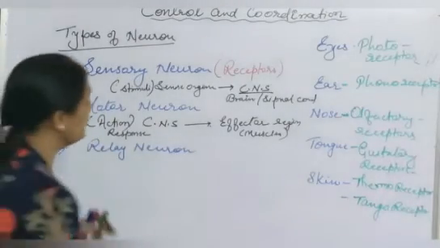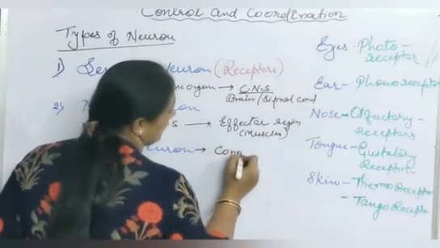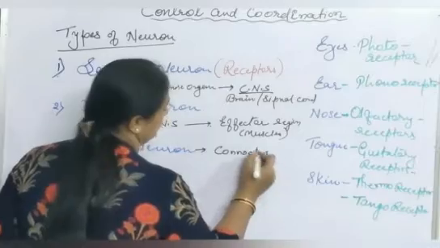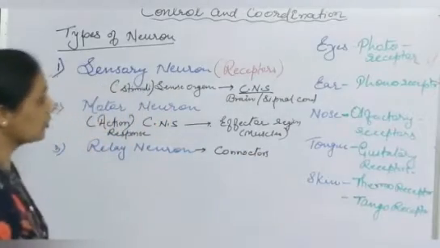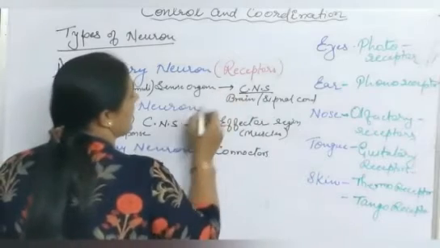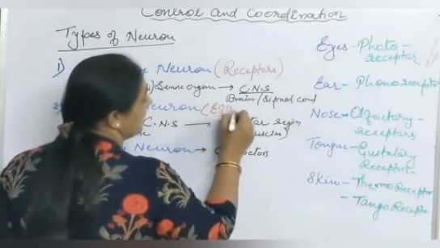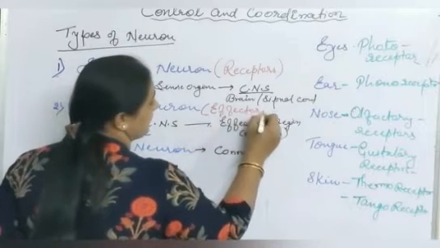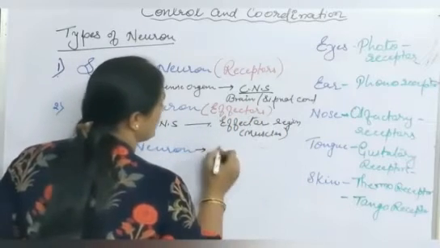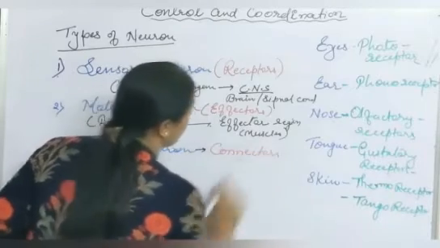Last is the relay neuron, also called interneuron or connectors. Motor neurons are also called effectors. Like sensory neurons are called receptors, these motor neurons are called effectors. And relay neurons are called connectors.